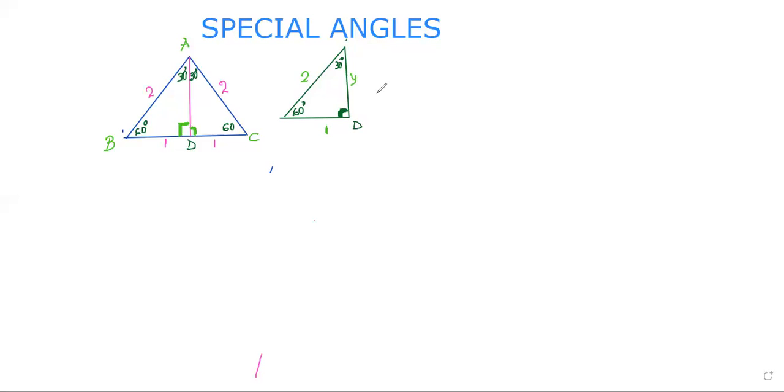Now, on this triangle here, that is the one on the left, because it's a right angled triangle, by the theorem of Pythagoras, two squared, which is the hypotenuse squared, is equal to the sum of the squares of the two remaining sides.